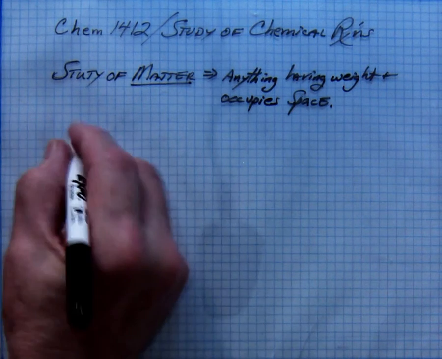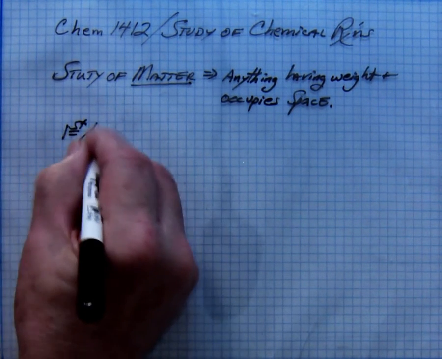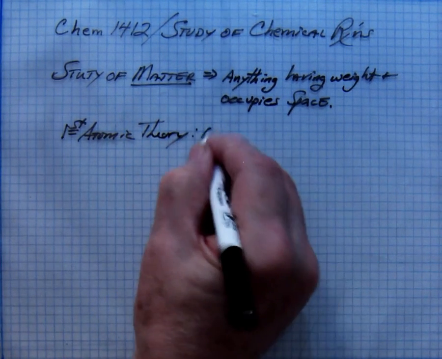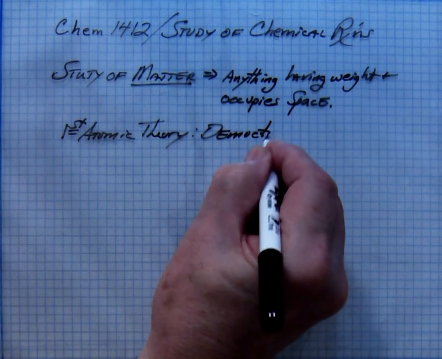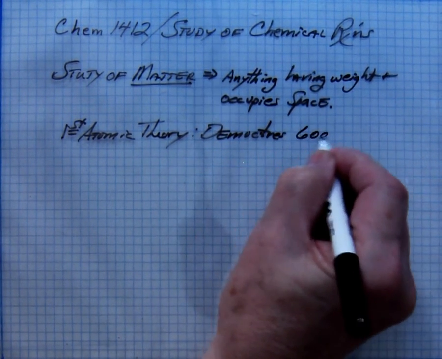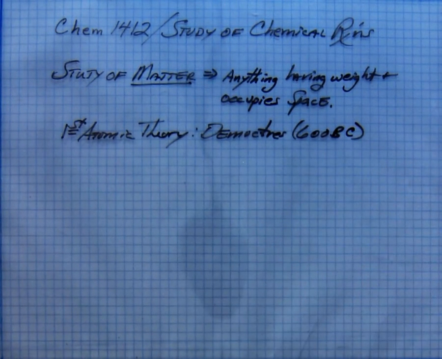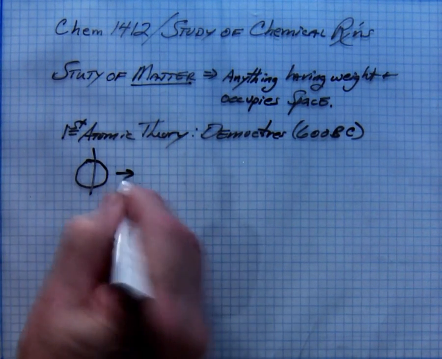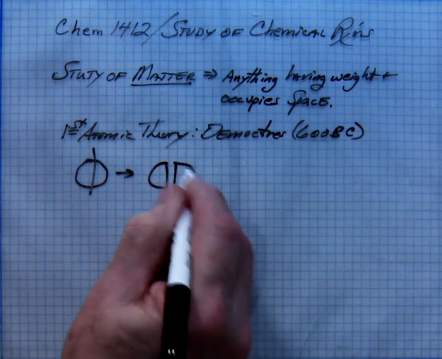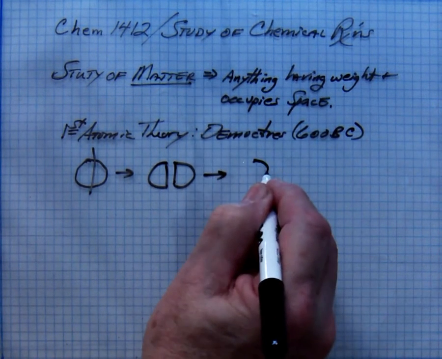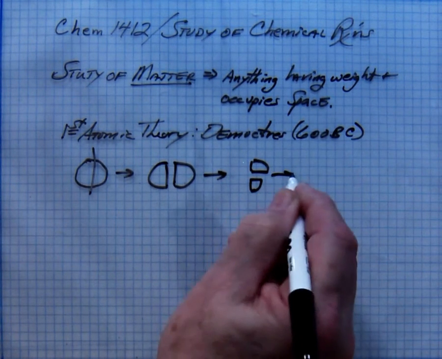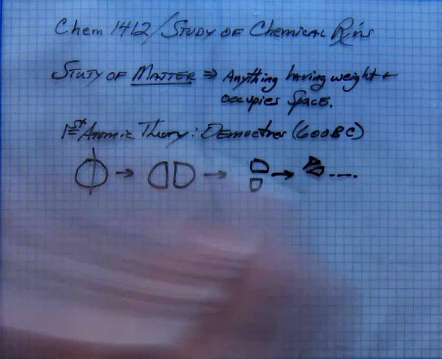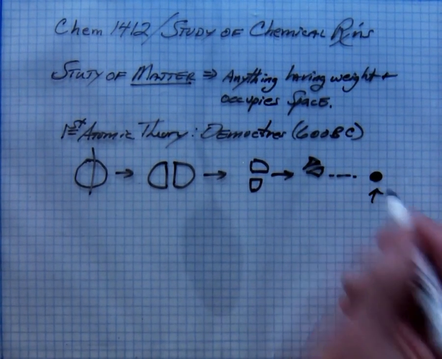Now, the first atomic theory, just as a trivia, Democritus in 600 BC stated that if you take a piece of matter and split it in half, and then take one of those and split that in half, and one of those and split that in half, and so forth, you would eventually come to an indivisible particle.